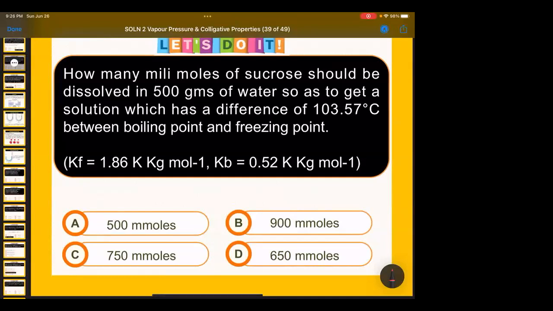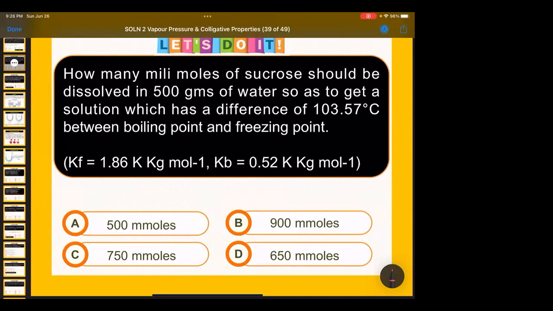Okay, so Hanifa, I hope you can hear my voice. We were doing colligative properties, freezing point depression, and this is the next question.